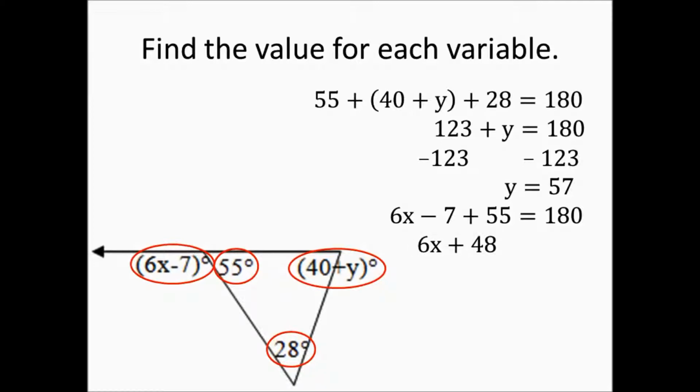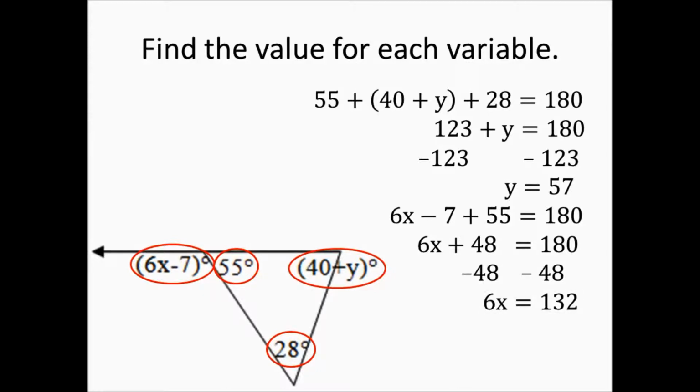So 6x plus 48 is equal to 180. Next, we're going to subtract 48 from both sides of the equation. 6x equals 180 minus 48. So 180 minus 48 equals 132.